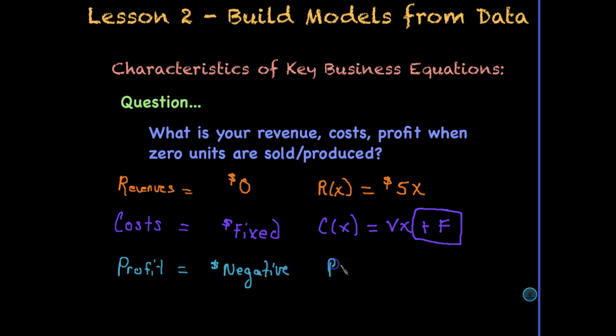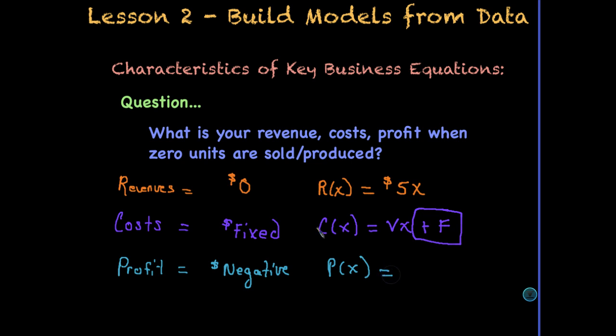And if we think about our profit equation, the profit equation is really just our sales price per unit less our variable cost per unit minus our fixed costs.